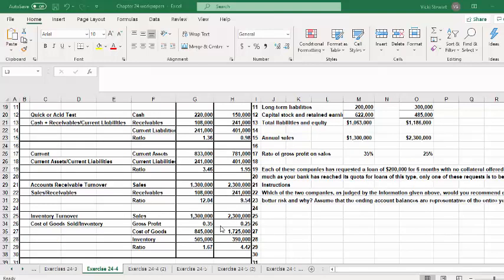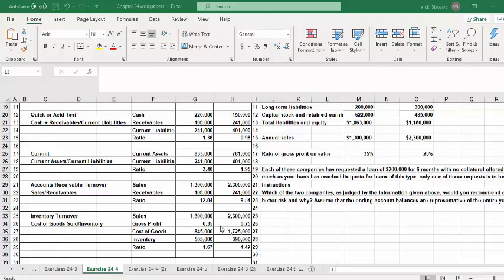The last ratio that we would compute would be inventory turnover, so that we could see how quickly they're able to sell their inventory, their inventory balances. And to calculate inventory turnover, we divide cost of goods sold by inventory.